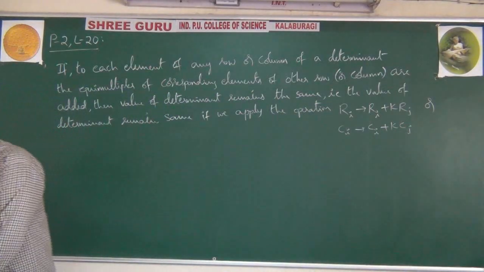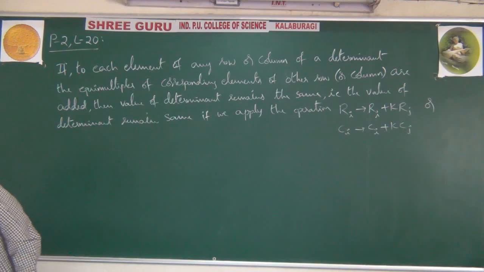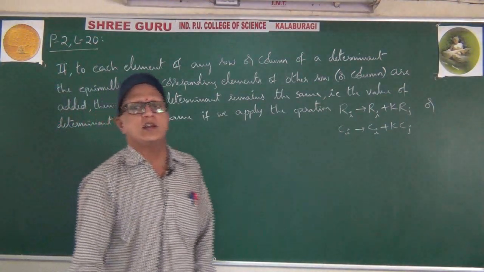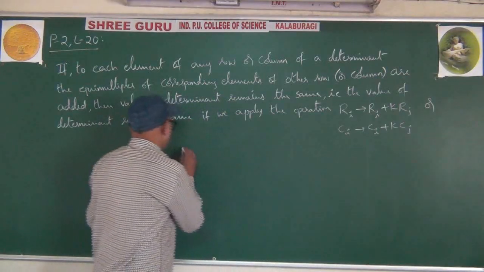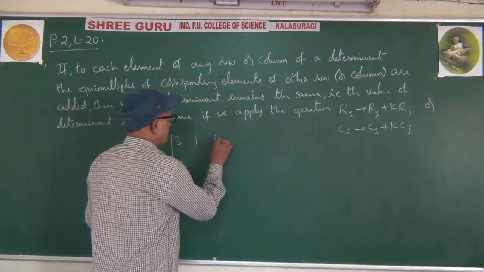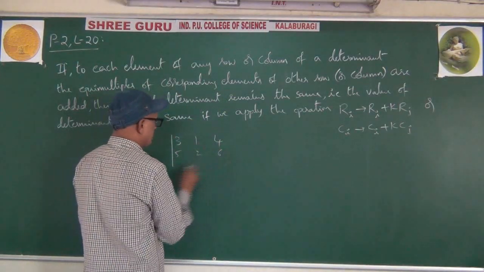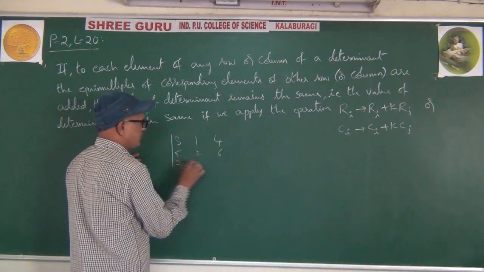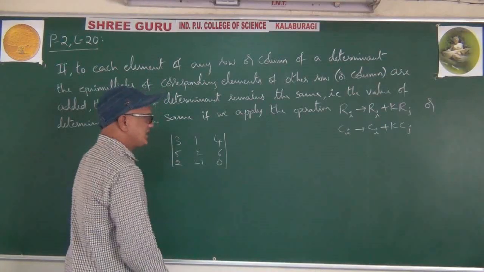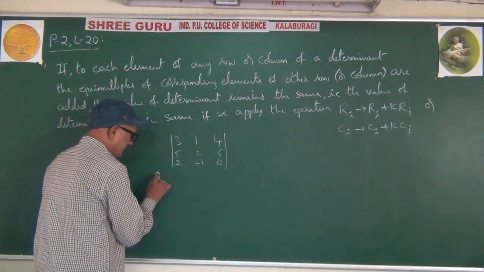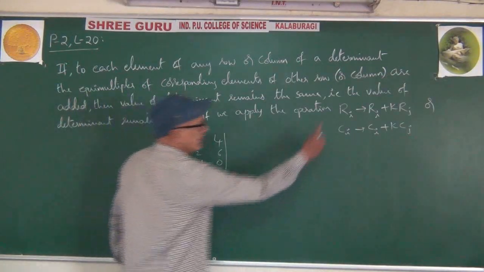Those who have listened to the elementary operation concept, there is nothing to explain here. I will explain by taking one example. Rows: 3, 1, 4; 5, 2, 6; 2, minus 1, 6. Suppose you want to change R1. How do you change R1?